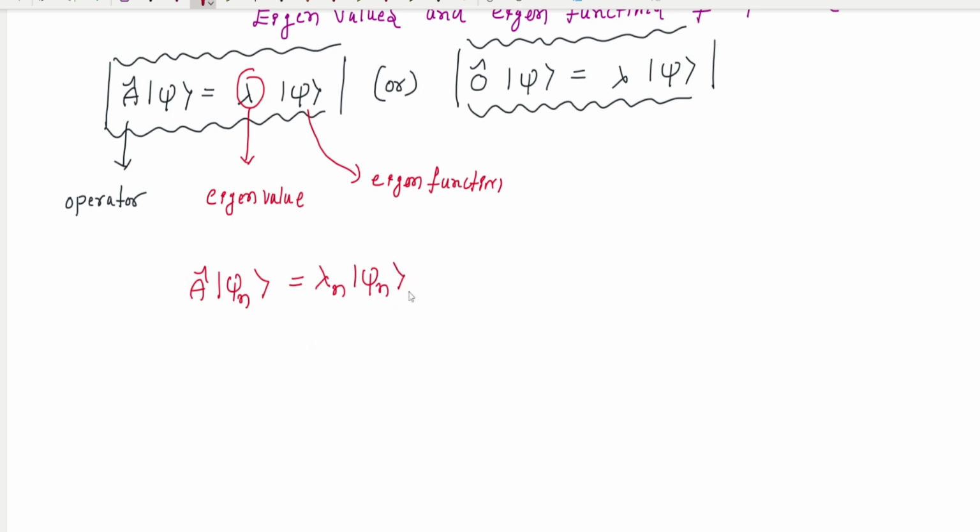So this is also called the eigenvalue equation. Here lambda n is associated with the eigenfunction. Okay, so then we can call this lambda the spectrum of eigenvalues, which means n is equal to 1, 2, 3, and so on. We want to discuss one example here.